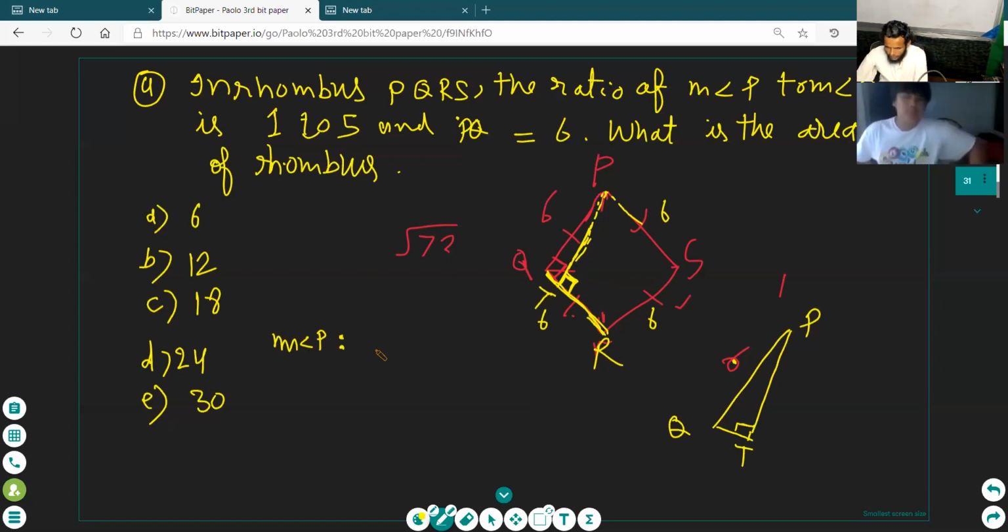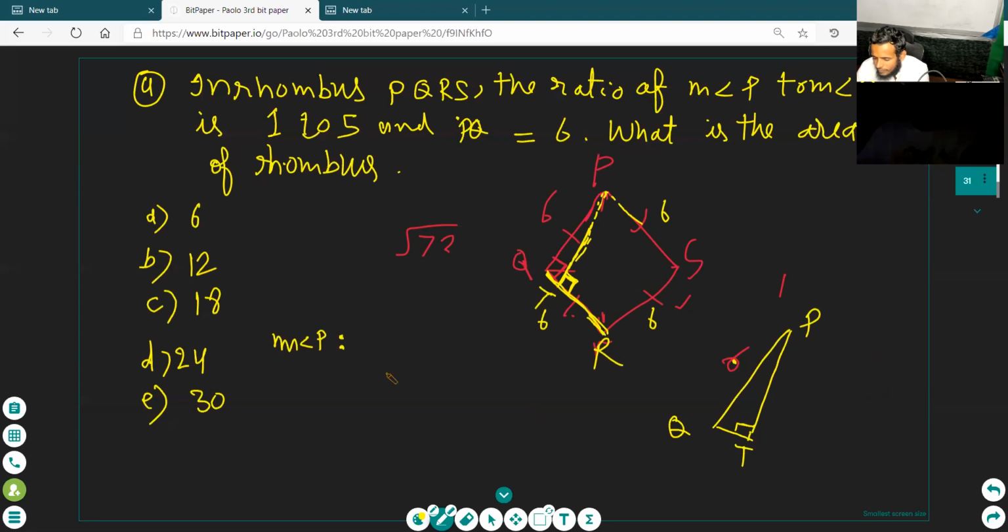Okay, follow, you know the ratio, right? The ratio, measure of angle P to measure of angle Q is equal to, the ratio is given.